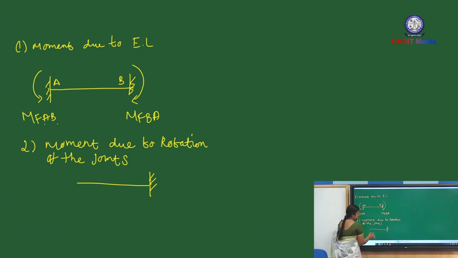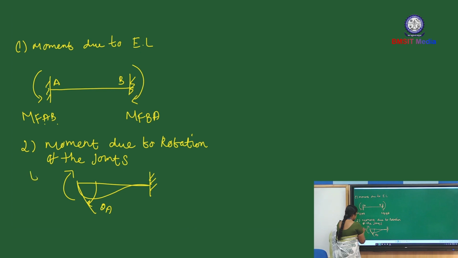This far end is fixed end, nearer end is hinged end, we have to consider. So allow the rotation here, this is theta A, allow the rotation theta A. Due to this rotation, some of the moment will be developed at this end.